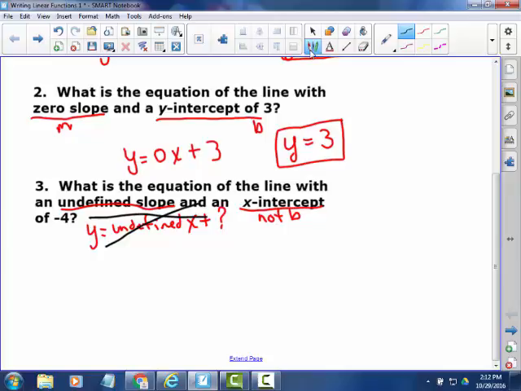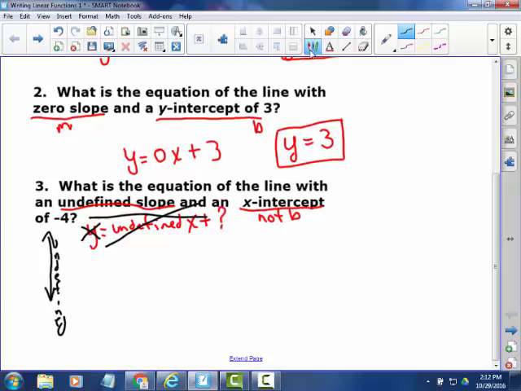So let's think about this a bit. When it's an undefined slope, we remember we had Slope Dude and he fell off the cliff and he said, undefined. Okay, so if that is undefined, that means that's a vertical line. That's our very special case where we don't have a y value. Everything's about the x.